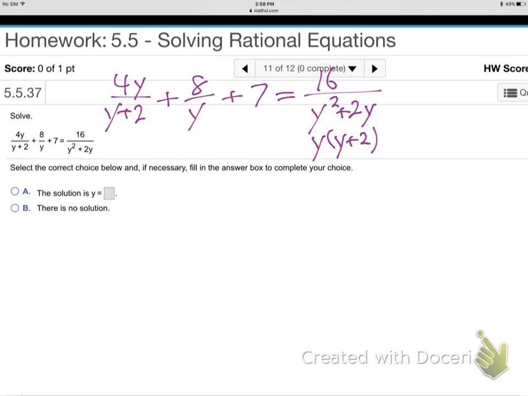That's y times y plus 2. So just do that right away. All right. Now you got 4 terms. 3 on the left, 1 on the right. That 7's his own separate term. What you always do with an equal sign in fractions: LCD, top, top, top, top, 4 tops.